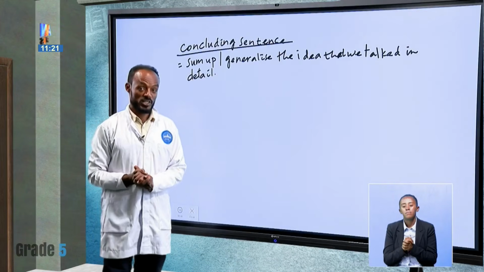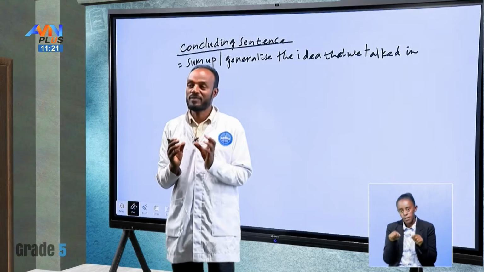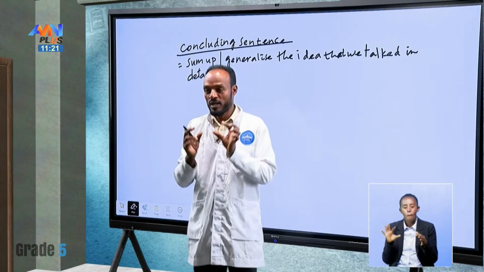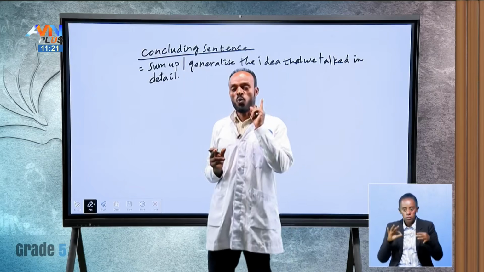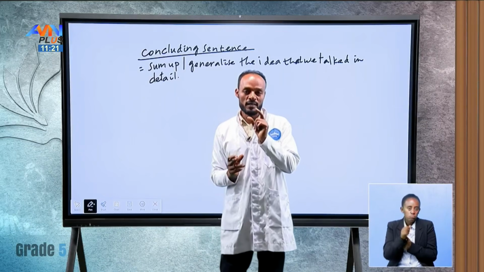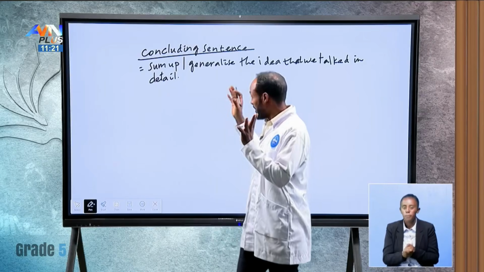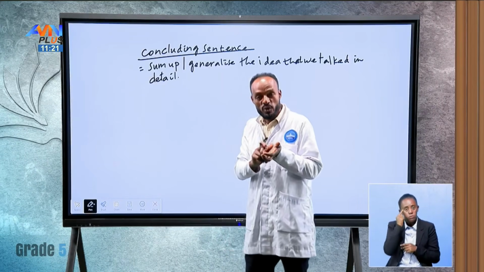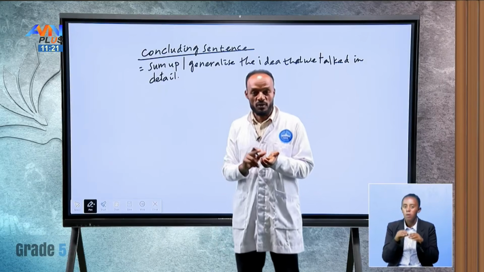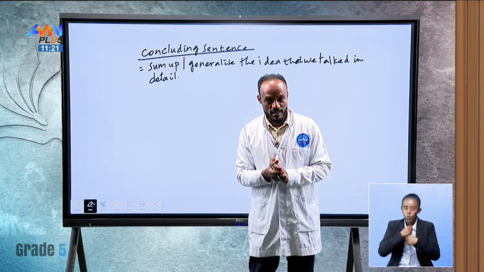I hope this one is clear, isn't it? Good. So a paragraph is a combination of, or a collection of, related sentences which talk about one main idea or one point. Is it clear? Good. The parts, or maybe the elements, of paragraphs can be considered as introduction, body or supporting sentences, and also the concluding sentence. Is it clear?